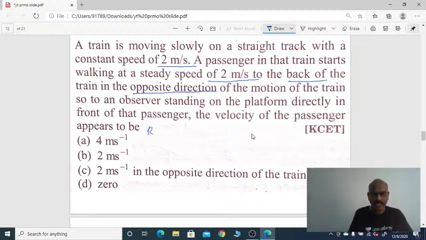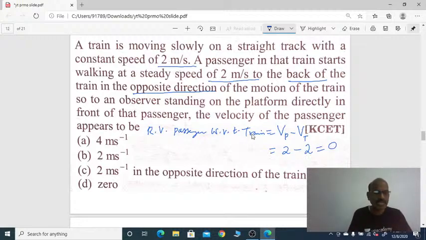The relative velocity of the passenger with respect to the train: both are moving in opposite directions, so it is the velocity of the passenger minus the velocity of the train. The passenger moves at 2 meters per second, minus the velocity of the train, with the constant 2, so 0.